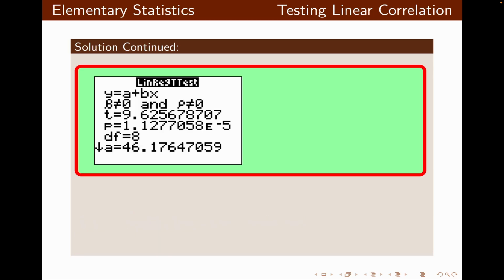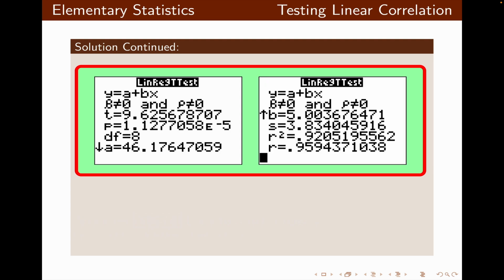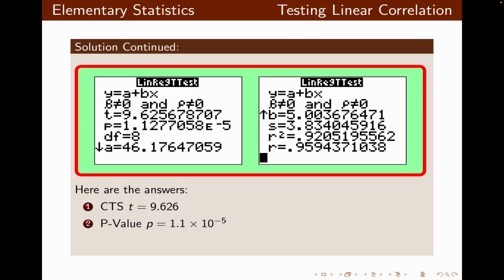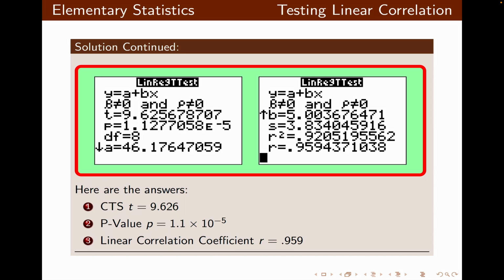So the test statistic t will be 9.626. The p-value is in scientific notation. And if you arrow down, you're going to get more values, such as a, b, r, and r squared. So the test statistic is 9.626. The p-value is 1.1 times 10 to the negative 5. And the linear correlation coefficient, as we found it by using the formula, is 0.959.